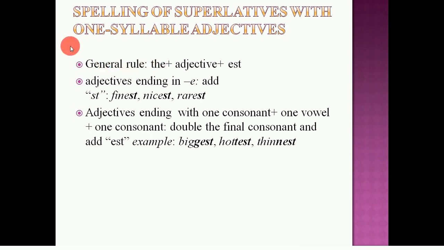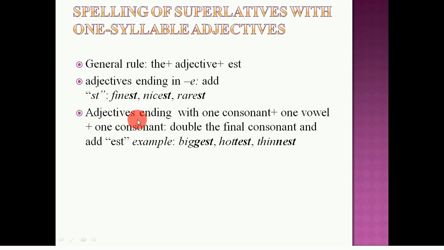So what is the general rule؟ القاعدة العامة okay in the short adjectives in the one syllable adjective. القاعدة العامة وش هي؟ the plus the adjective plus نزيدوا له est the suffix est. بصح كي يكون adjectives ending in e كيعود عندك adjective ends with e ما تروحش تزيد another e st لا you add just st like fine finest nice nicest rare rarest.